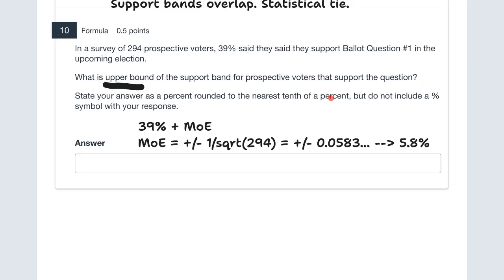Pay attention to the instructions. So in this case here, our upper bound for the support band is 39 plus 5.8%, which is 44.8%.